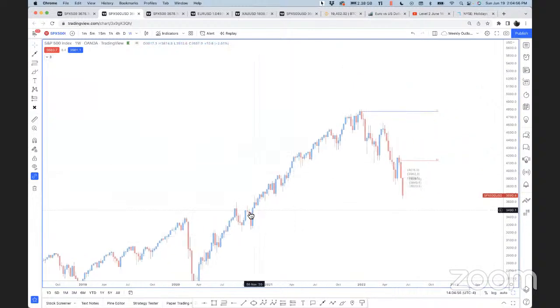We got a couple things that we would need to get to beforehand. This order block right here is going to be one thing, but if we get to this order block, we shouldn't have any problem going into that high because it's pretty much in the middle of it.